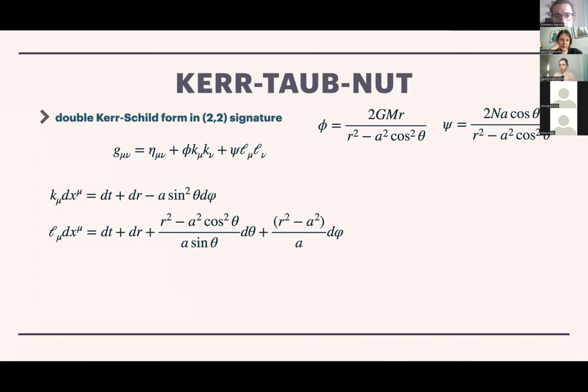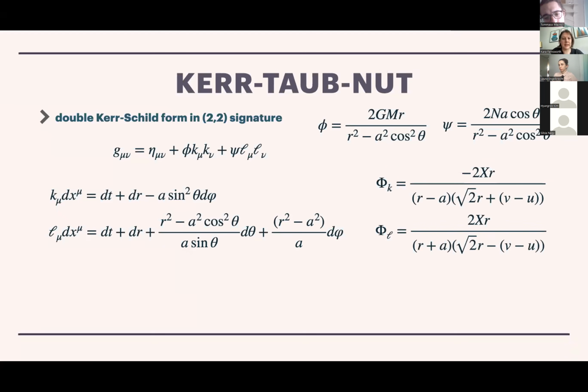And there are two null vectors, K mu and L mu, from which I can extract two different phis, which look like this.